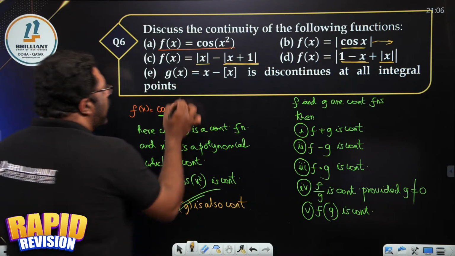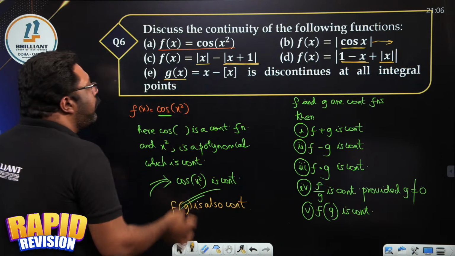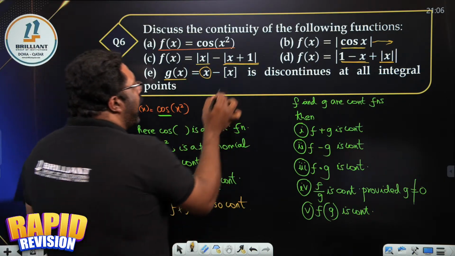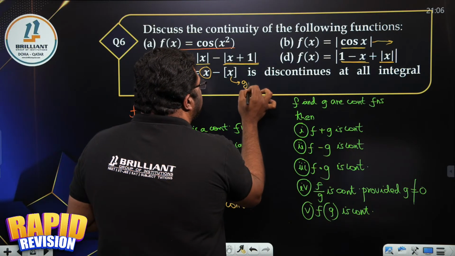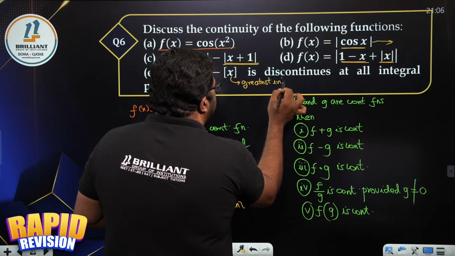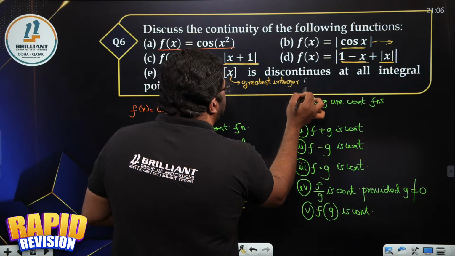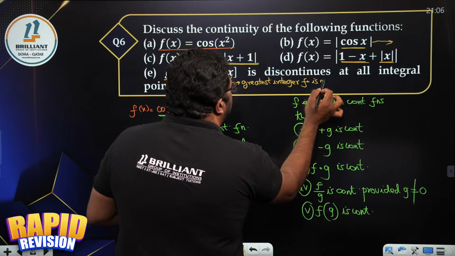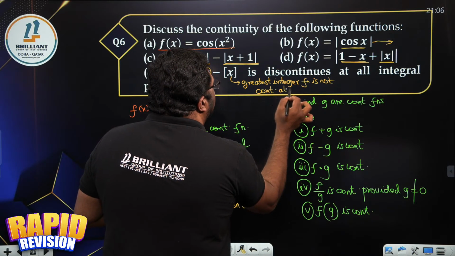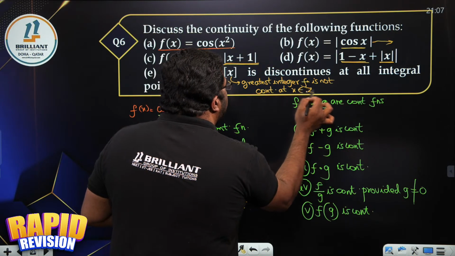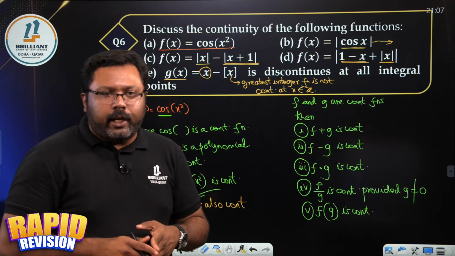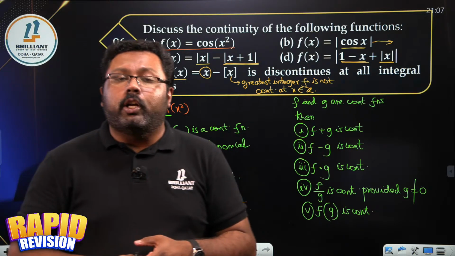Explain it. Here g of x, careful, polynomial is continuous, but greatest integer, you know the greatest integer function, it is not continuous at x which is an integer. If x is an integer, at that point greatest integer becomes non-continuous.